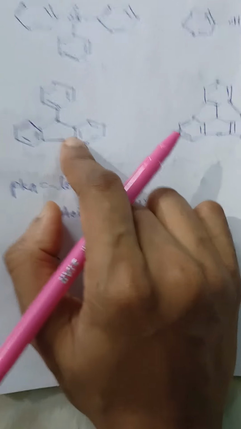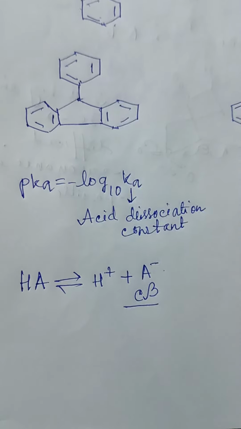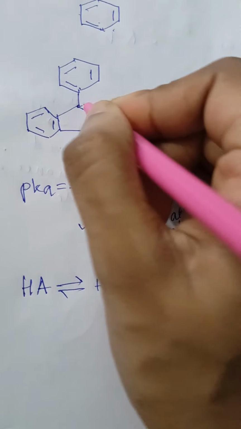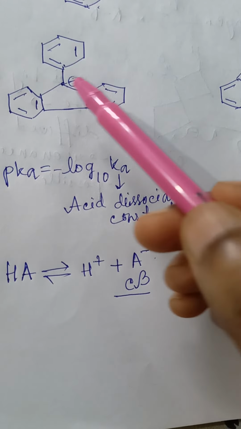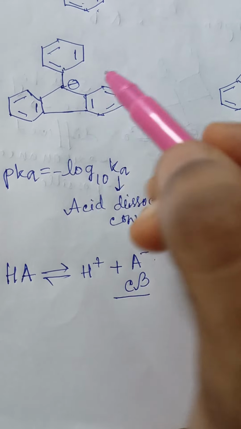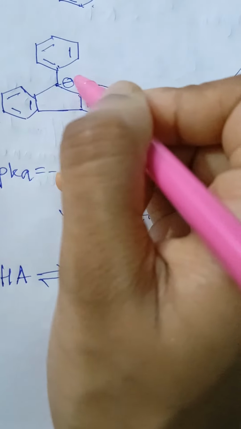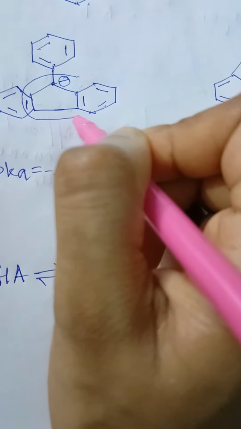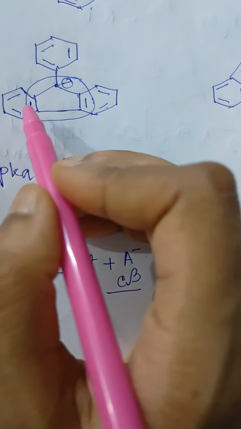In this third example, as you can see, the hydrogen abstraction will happen at this hydrogen because it is having a 3 bond, that means the other one is hydrogen. So the carbanion will be formed here. Now you can see it is not only resonance stabilized, as these 3 phenyl rings are intact, but this is itself forming another aromatic ring, isn't it?